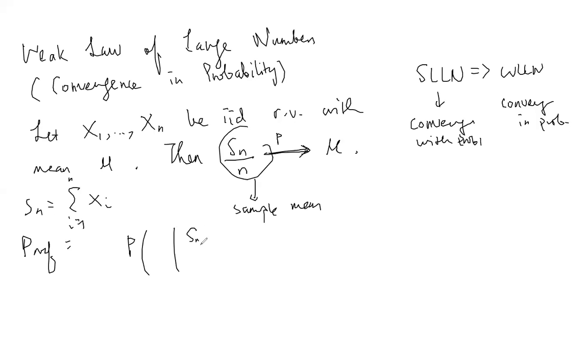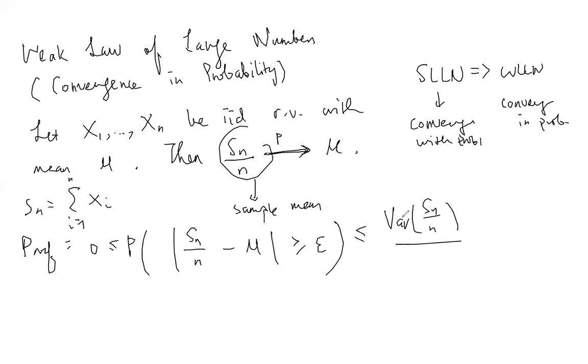So basically, you have this. Okay. So we know that the lower bound is 0. The upper bound is by Chebyshev's inequality. So this one is epsilon squared. Okay, so cancel off.